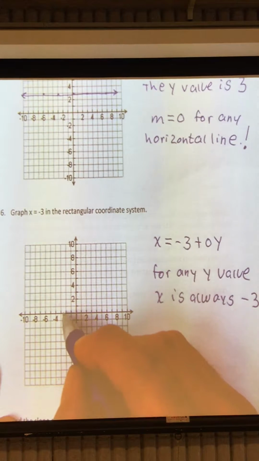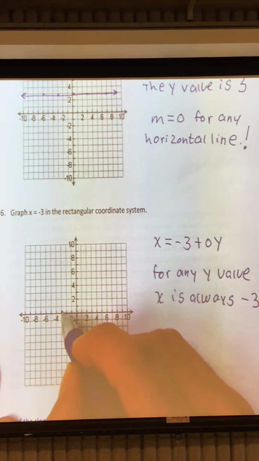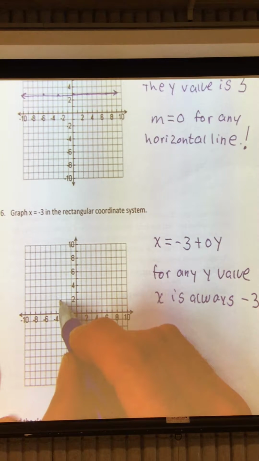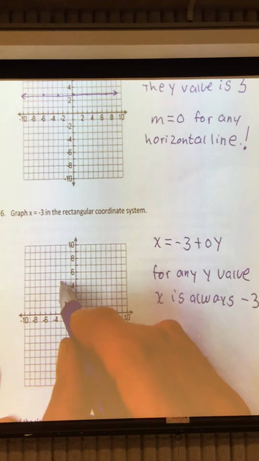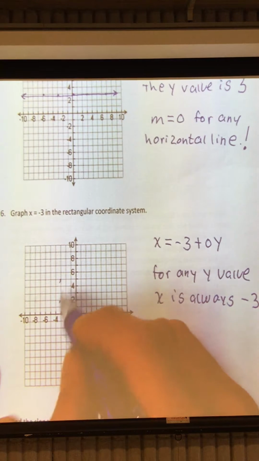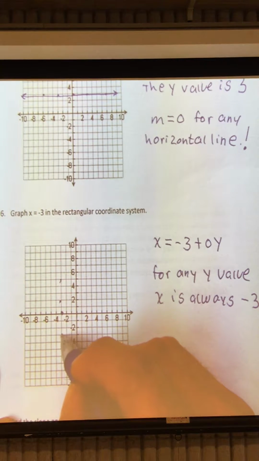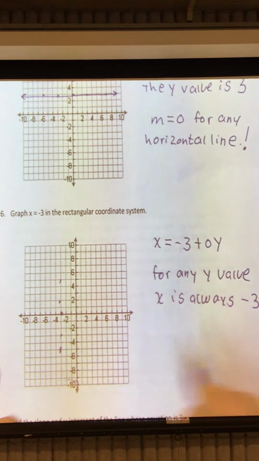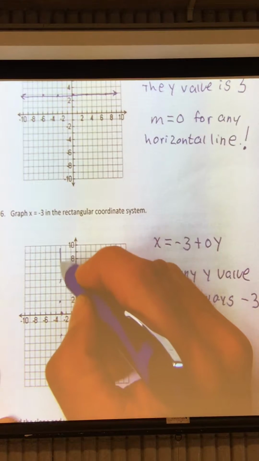So we'll locate a few samples. Here is negative 3, so we would have (-3, 0), and we'd have (-3, 2), and we'd have (-3, 5), and we'd have many more points below it that all have the same x value for different y values.